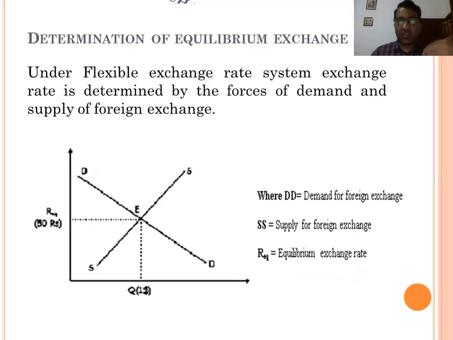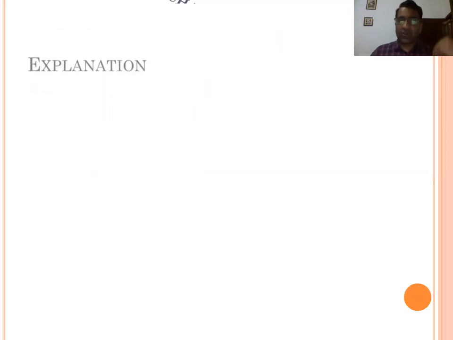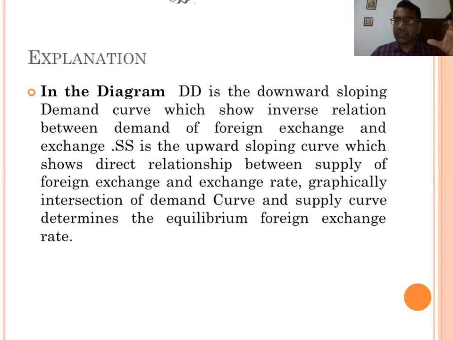An explanation of the diagram is also required in the exam. In the diagram, DD is the downward sloping demand curve, which shows the inverse relation between demand for foreign exchange and the exchange rate. SS is the upward sloping supply curve, which shows the direct relation between supply of foreign exchange and the exchange rate. Graphically, the intersection of the demand curve and supply curve determines the equilibrium foreign exchange rate.